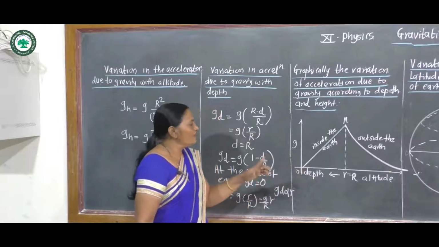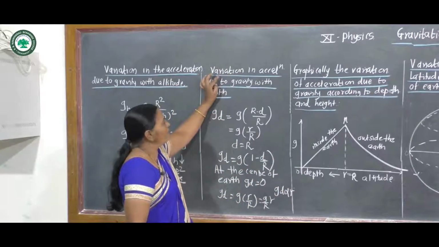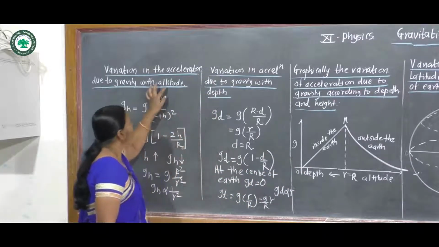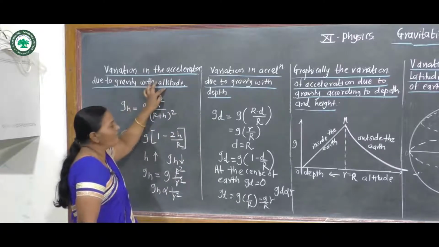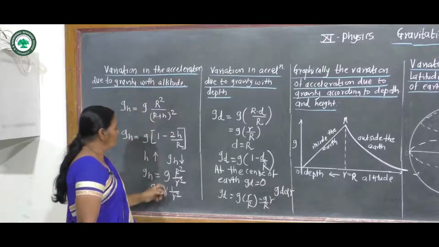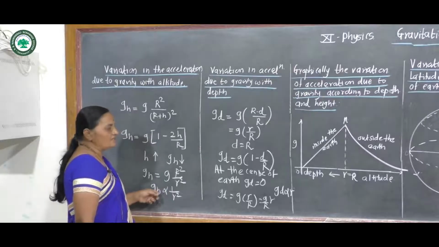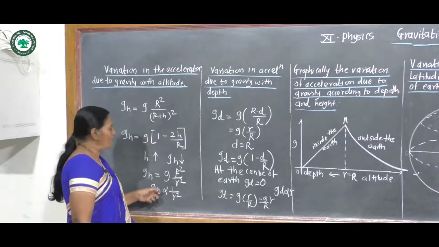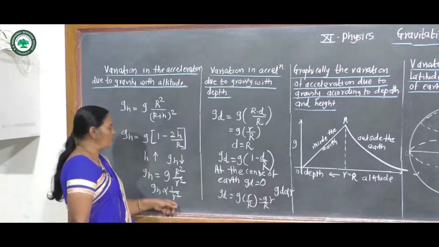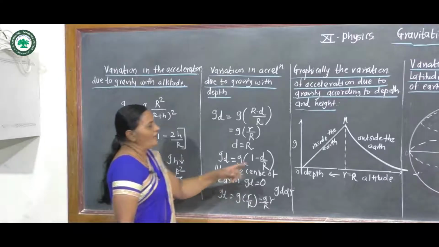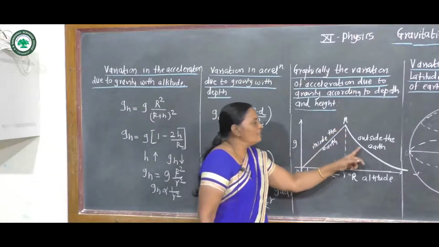Now see the next case, that is variation of the acceleration due to gravity at altitude, that is height h. In this case, acceleration due to gravity is inversely proportional to r squared, and the nature of the graph is like this.